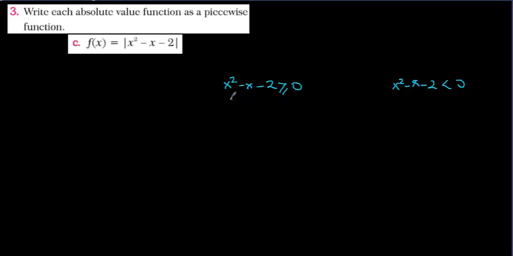How to find the critical point? If you remember, we were factorizing this one: x minus 2 and plus 1 I'm going to write here. Minus 2 plus 1 is going to be minus x, and if you multiply crossly, this is minus 2x and this is going to be x, and the sum is minus x.